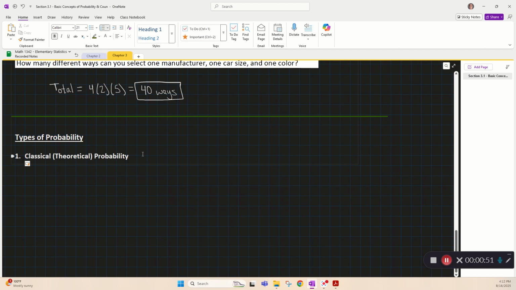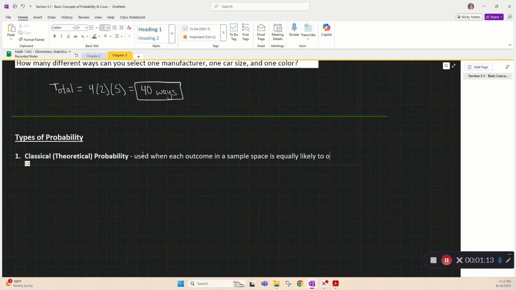Classical probability, or again, it could also be called theoretical, is used when each outcome in a sample space is equally likely to occur. Okay, so we do have a formula for that.